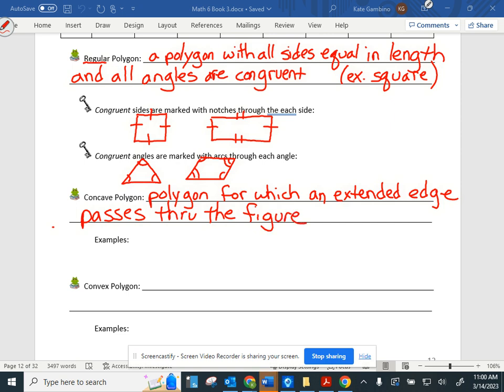So when we would draw that, I could draw something like this. And I say, if I have an edge, and I extend that line, it goes into the middle of our figure, it's concave. Like Enzo said, oh, there's a cave, so it's like caved in. So we can see this side here looks like it's caved into the figure.